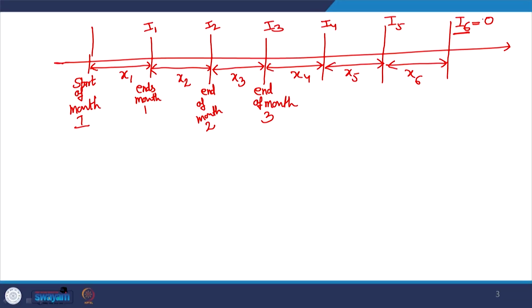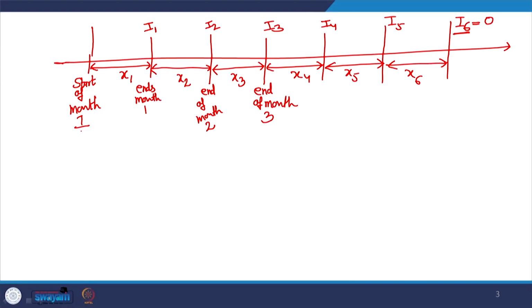One thing is very obvious: we will plan in such a manner that at the end of the 6th period I6 should be equal to 0. Why would you like to keep any inventory at the end of your planning period? So obviously, we will plan such that at the end of the 6th period there is no inventory left with us.